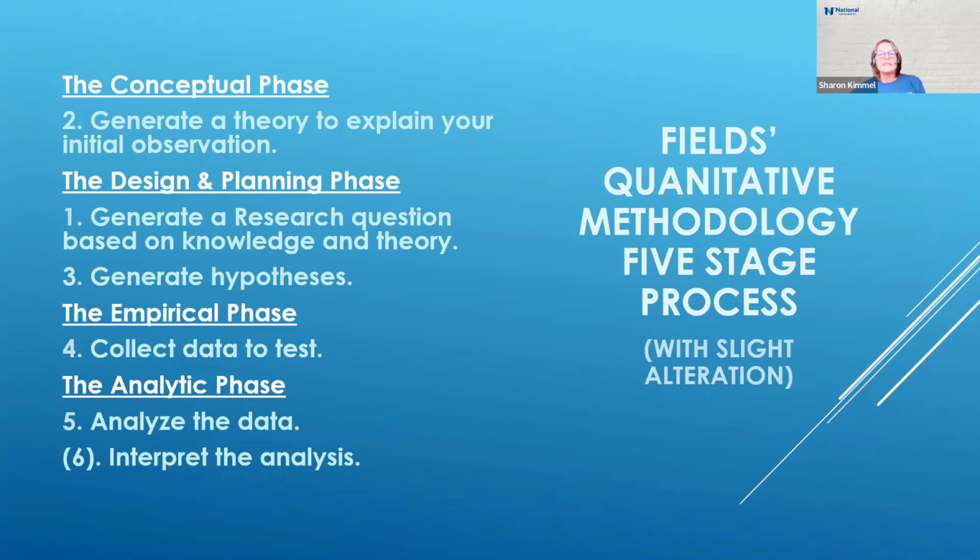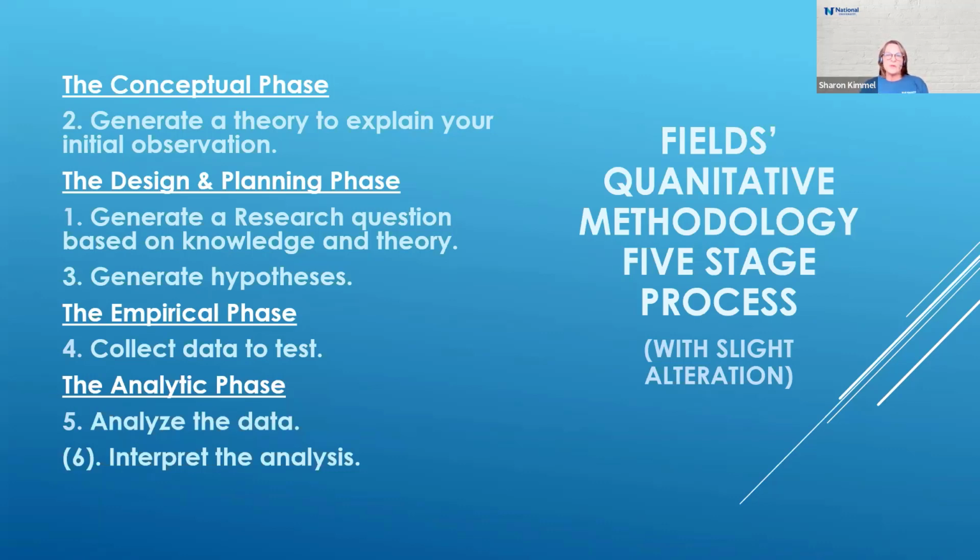I selected the Andy Field outline because many of our research students and our dissertation candidates find his book, which is called Discovering Statistics Using SPSS, easy to use. And I included a slide of resources at the end of this slide deck that you can take a screen capture of and use for further independent learning.